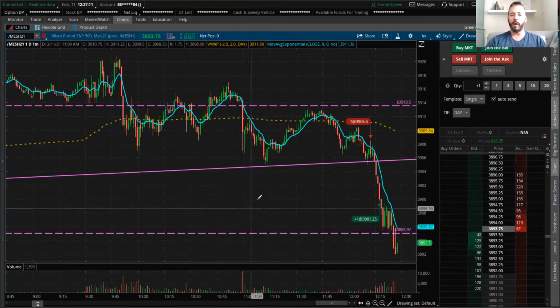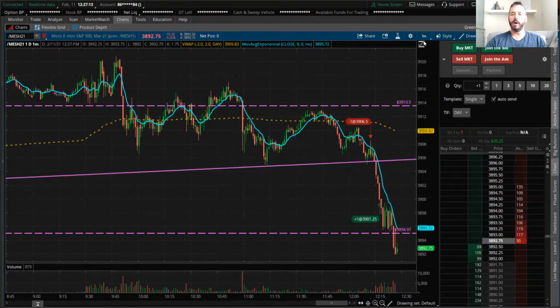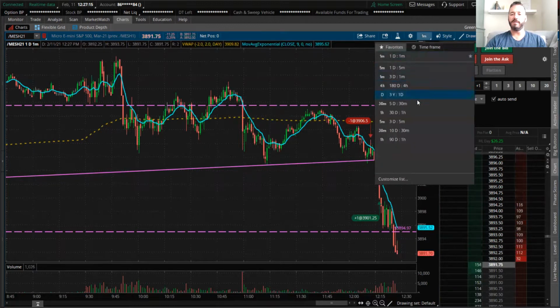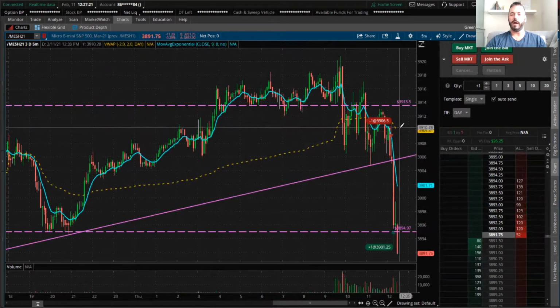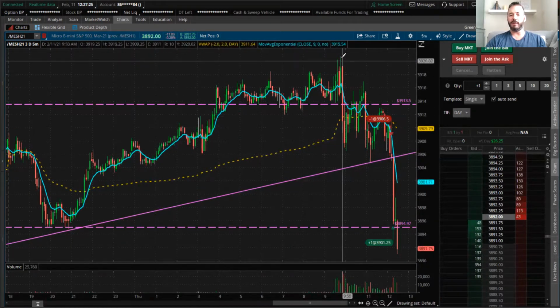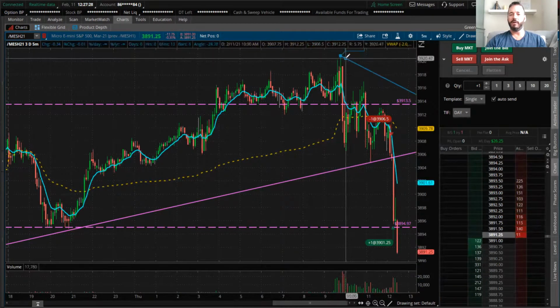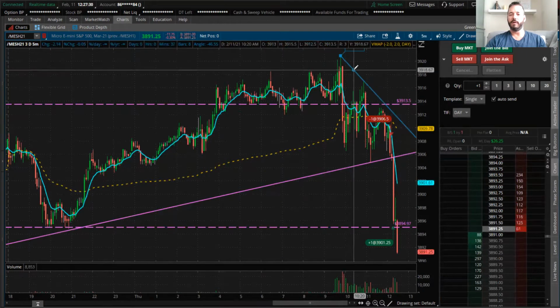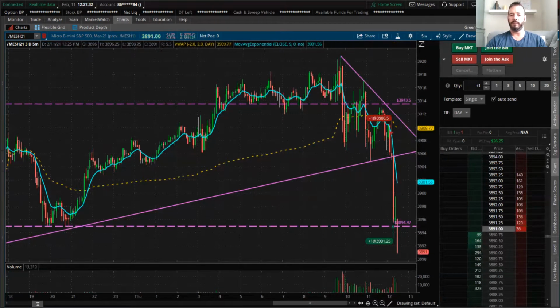So I pull up the 3-day 5 minute chart, and what I see in the day right here is a very clear downtrend.